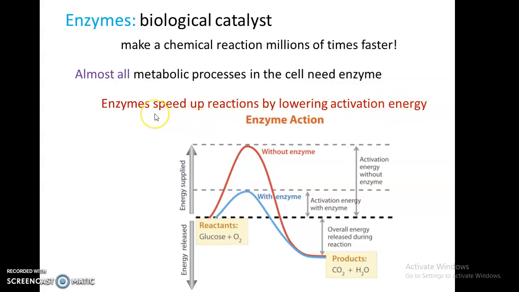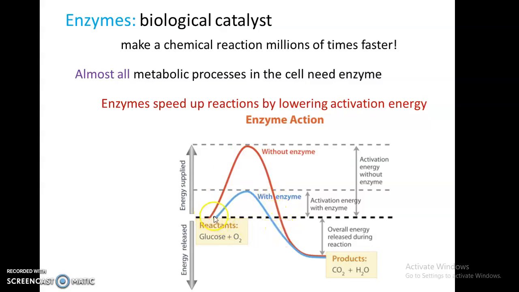That means the energy required to convert a reactant to product will be low if there are enzymes in the process. For example, in this graph, the y-axis indicates energy and the horizontal x-axis is enzyme action. Here, this line indicates if there is no enzyme, and this line indicates if there is an enzyme.